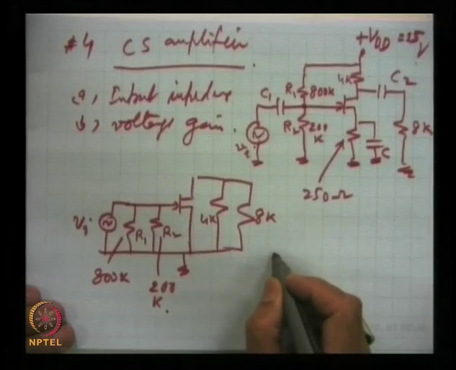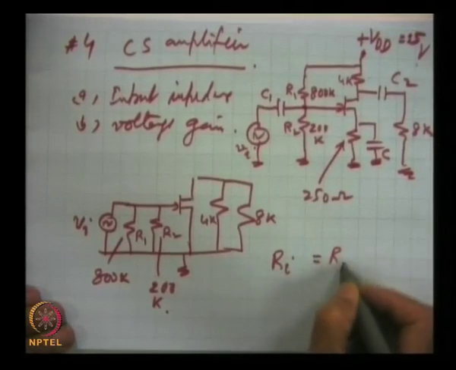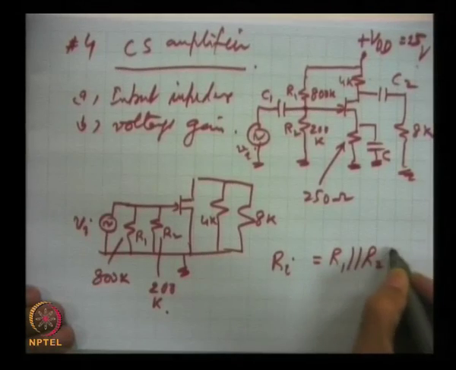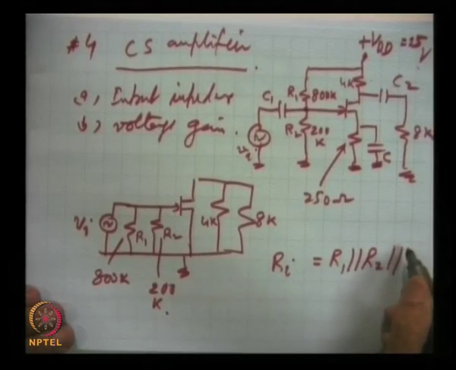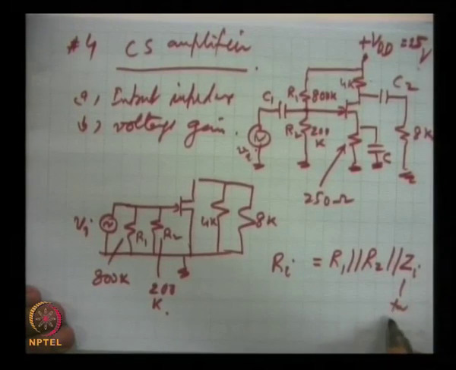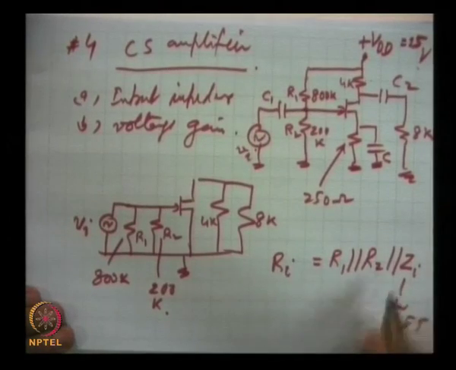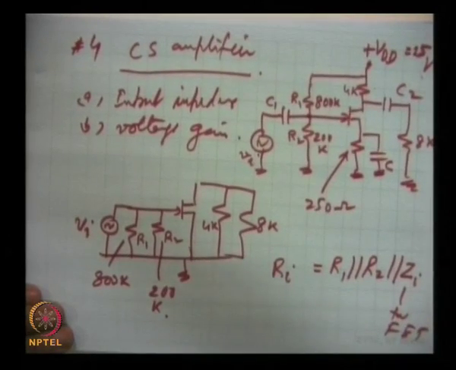So, the input impedance of the amplifier is R1 in parallel to R2 in parallel with the Zi of the device. This is for the FET, which is very high, and remember that in parallel combination very high resistances can be neglected.